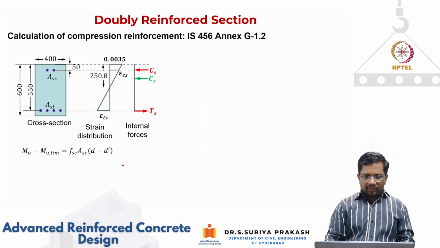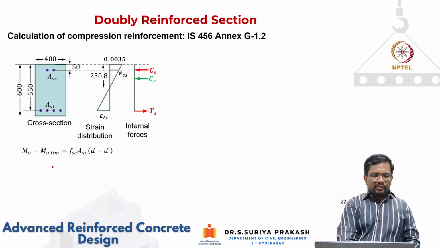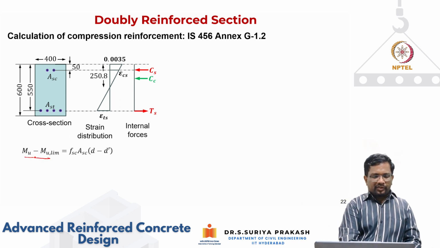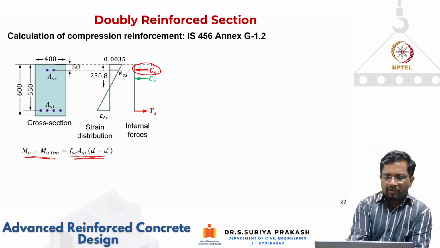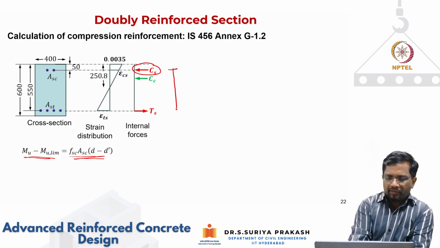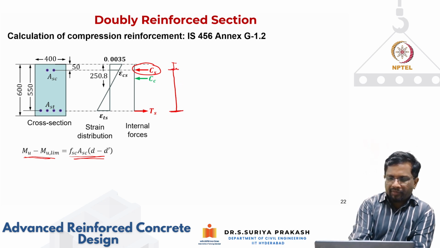As we have explained, the first thing is we see what is the expression. This additional moment resistance has to be given by this force multiplied by this overall lever arm. Okay, so when I take moment, this distance is basically your d prime, and from here to here it is going to be d minus d prime.